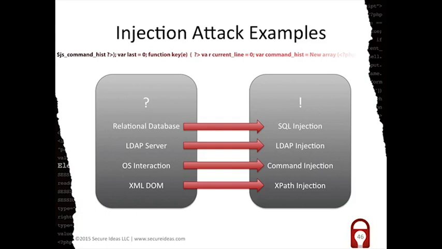And if it's manipulating XML, then you're going to try XPath injection there. Those are all different types of injection attacks. Like I said, it depends on what's on the back end, what's going to work, and what you need to try.